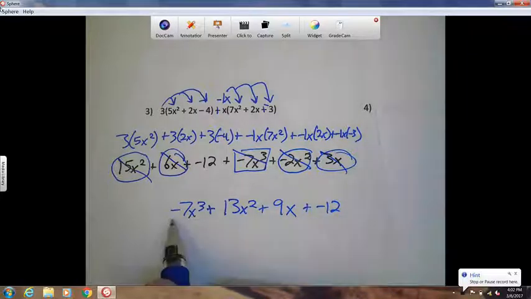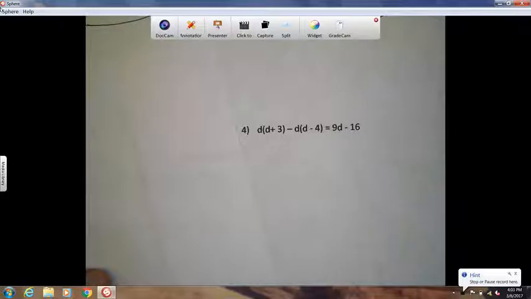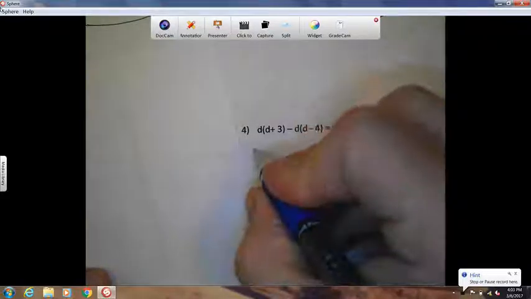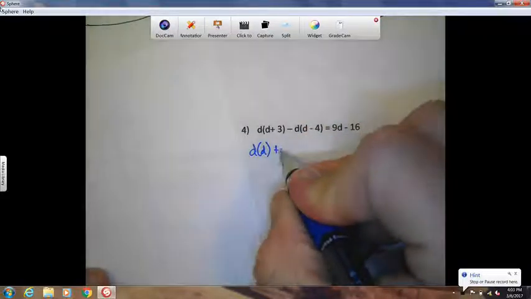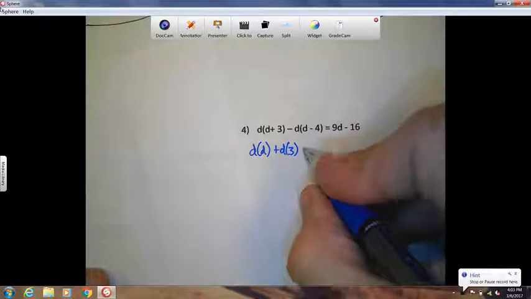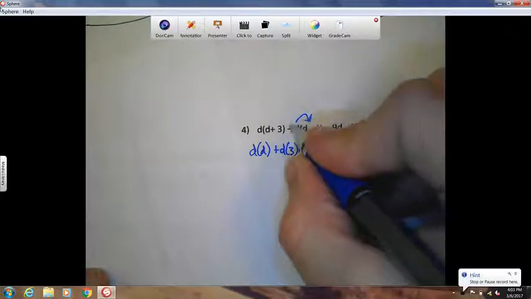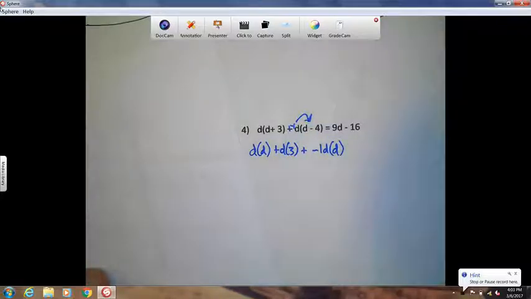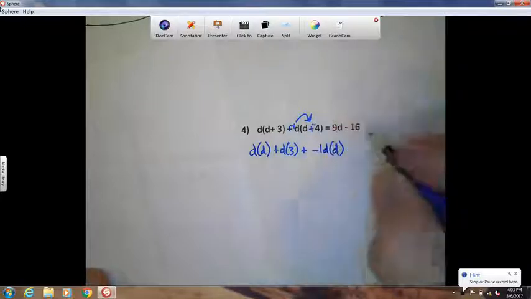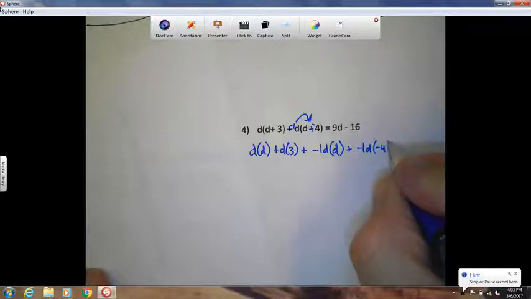And the last one, there's one sometimes where you have to solve an equation. So this is d times d plus d times 3. Again, I have a minus sign. Negative 1d times d. So I'm making that plus a negative 1. And I'm going to make this plus a negative 4. Okay, so let's continue to simplify.